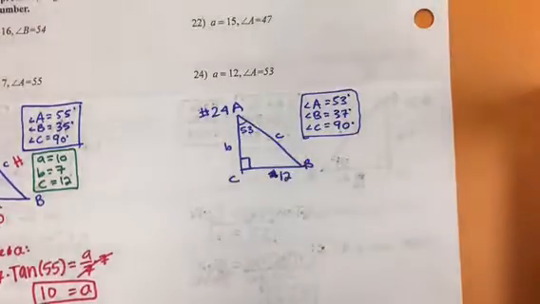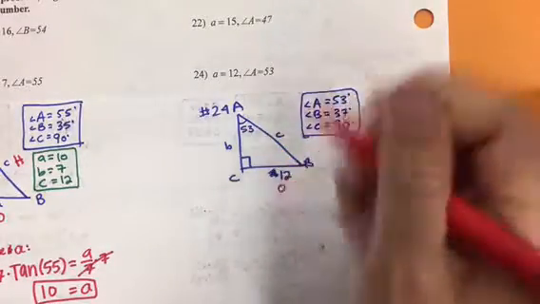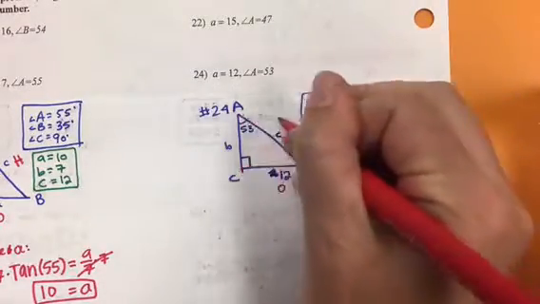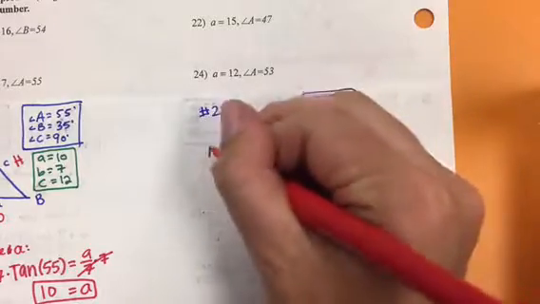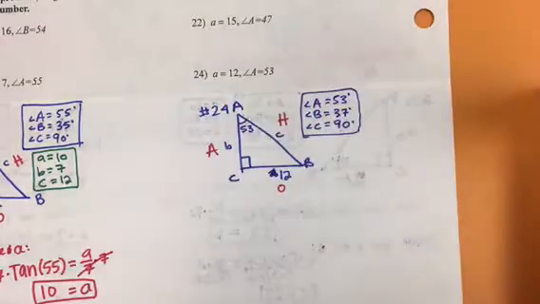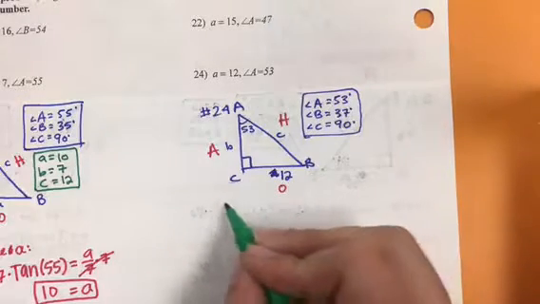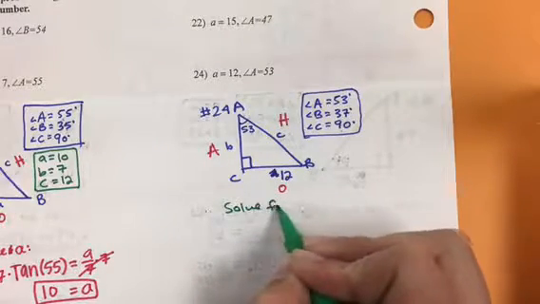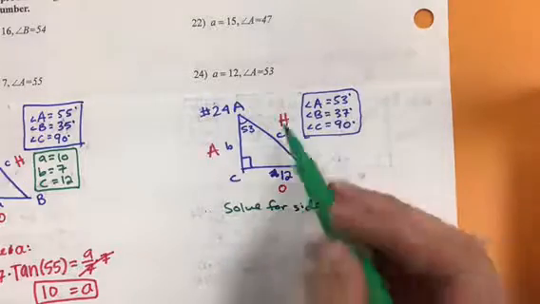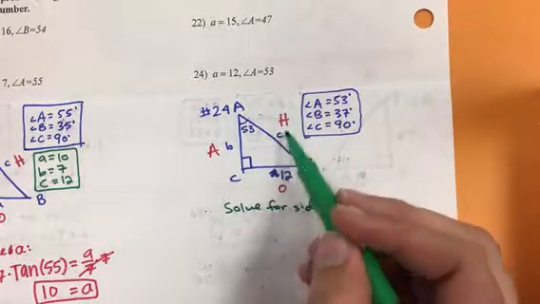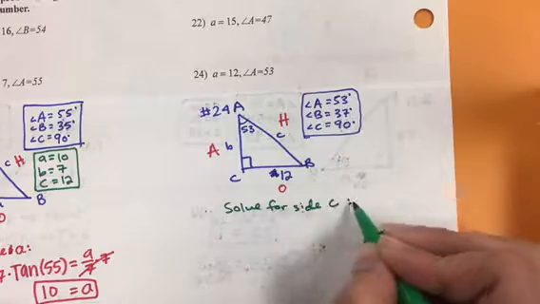Now I'm going to solve for the sides, so I'm going to label O, H, and A, adjacent. I'm going to solve for side C first.